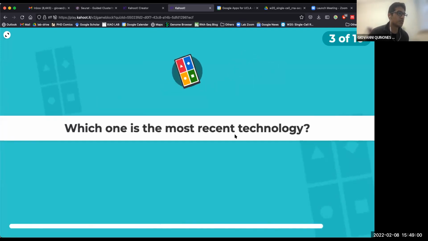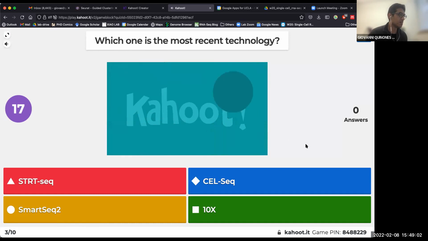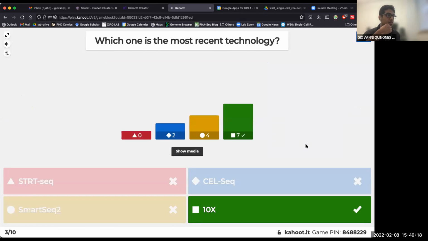Which one is the most recent technology? So I have 4 options. Which one is the most modern? Great, most people got it right. 10x developed close to 2017.